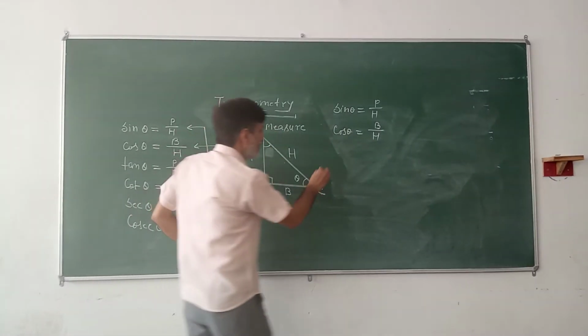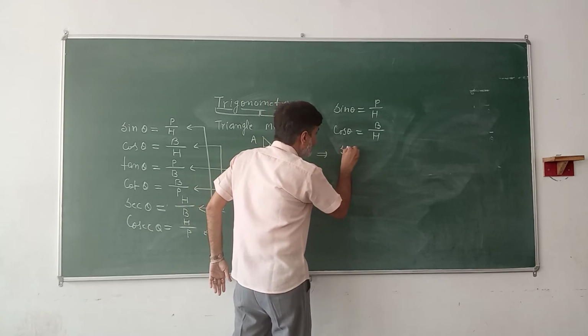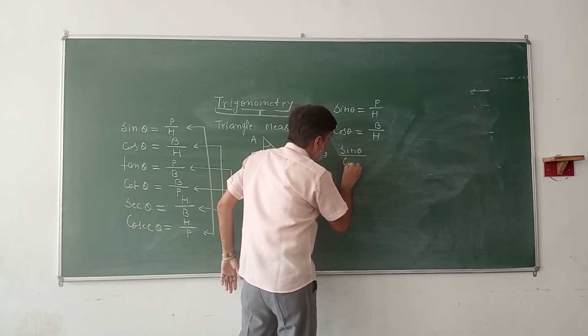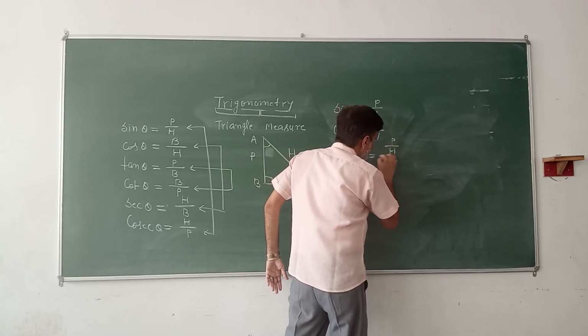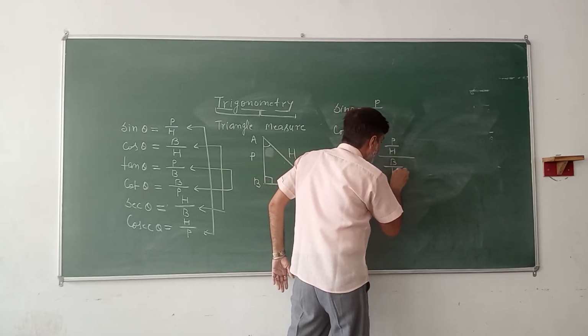Just see here. Sine theta upon cos theta equals P by H upon B by H.